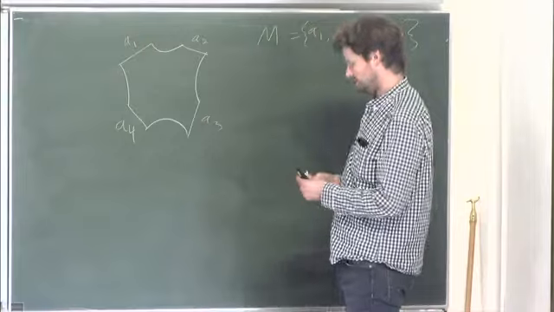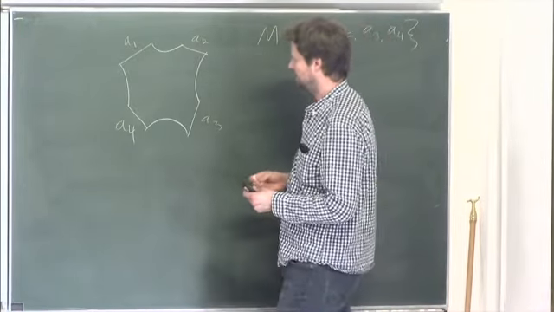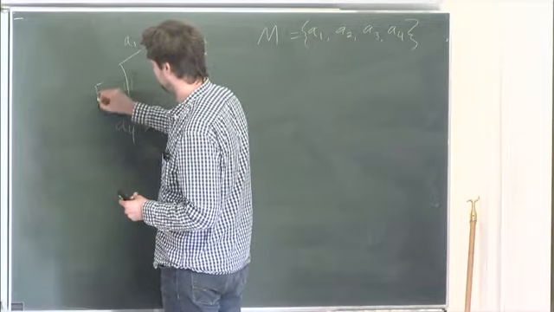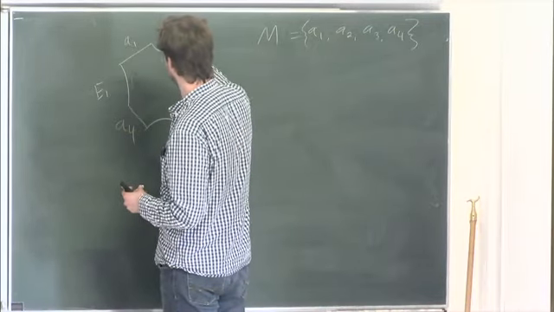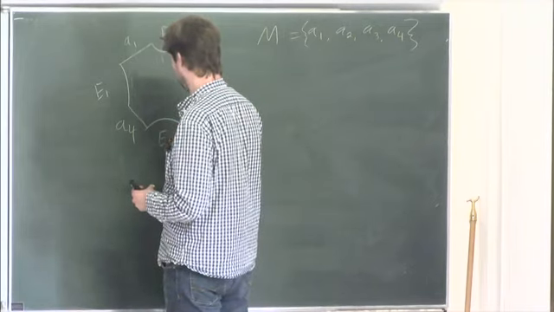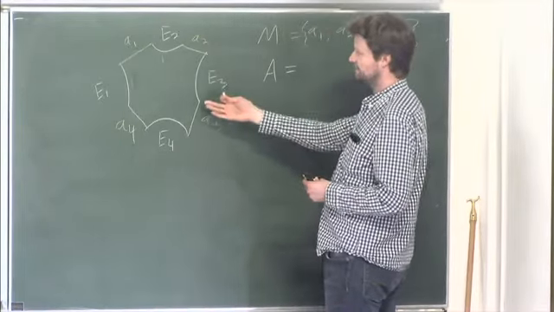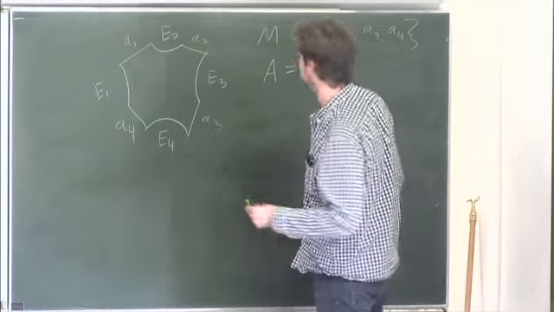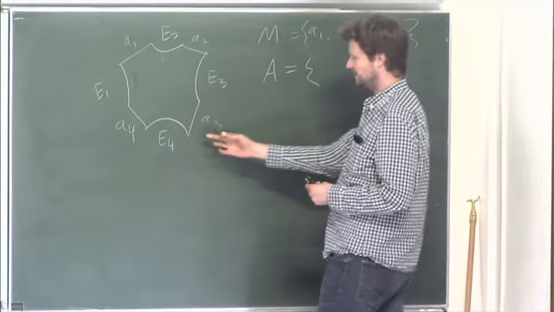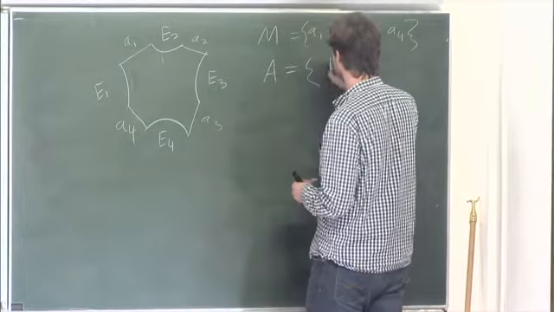Then I've chosen, let me call these E1. I'll define an arc system on the surface to be these edges, which are arcs between A_i and A_{i+1}.